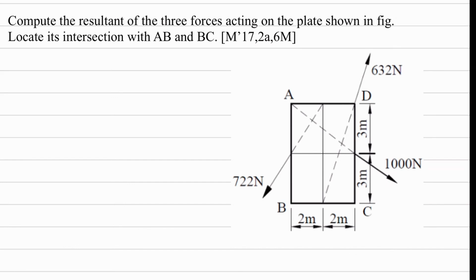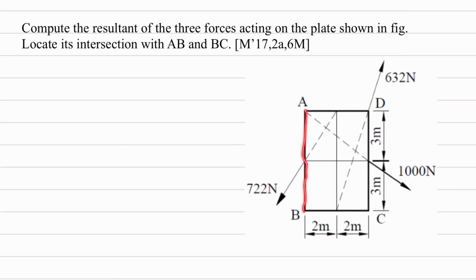Compute the resultant of three forces acting on a plate. So we have plate ABCD and three forces are given: 1000 Newton, 632 Newton and 722 Newton. What is asked? Compute the resultant of three forces acting on the plate and locate its intersection with AB and BC.